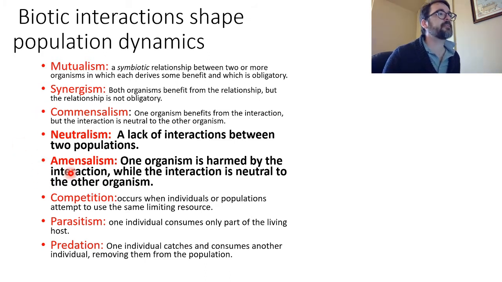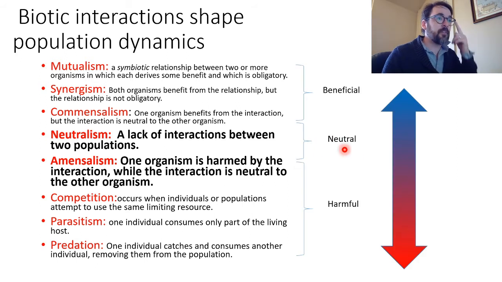So in amensalism, one organism is harmed by the interaction, but it's sort of neutral to the other. So if you remember, commensalism was when one organism was inadvertently helping the other, and it didn't really matter to the one organism, but it was positive to the other. This is just the opposite. It doesn't really matter to the one. It's not doing anything on purpose, but it's accidentally harming the other species. You could sort of think of this as a gradient from beneficial to harmful with neutral in the middle, just to round things out.